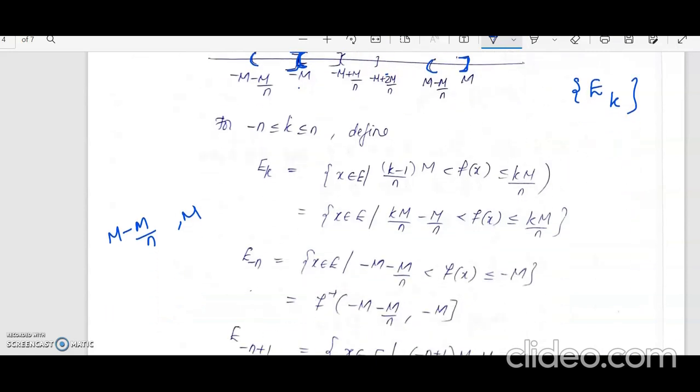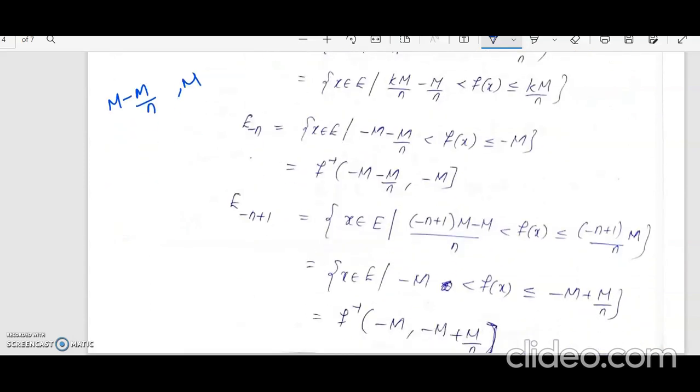Now we have E minus n as the set of all x such that f lies between -m - m/n to -m. So that will be f inverse of the interval -m - m/n to -m. It will be the value of f inverse. We need the set of all x such that f lies in this interval, so that will be the corresponding inverse function value.